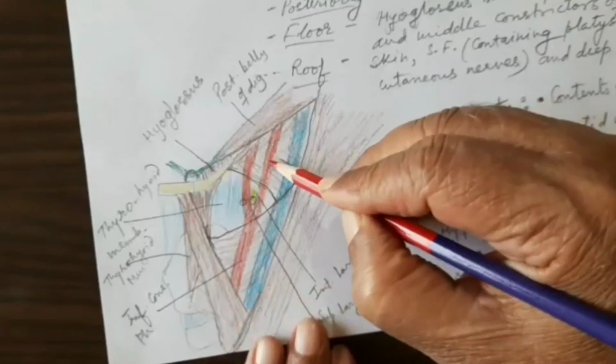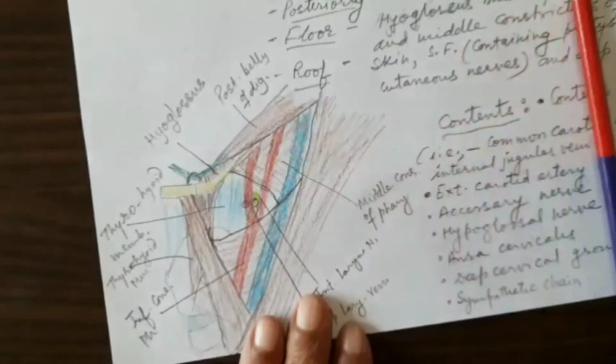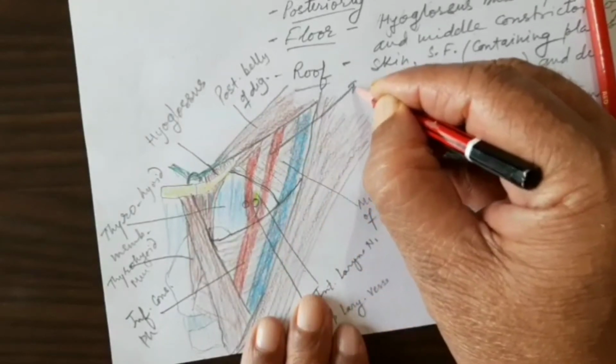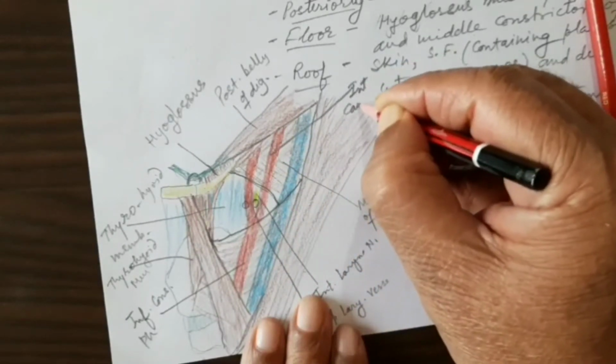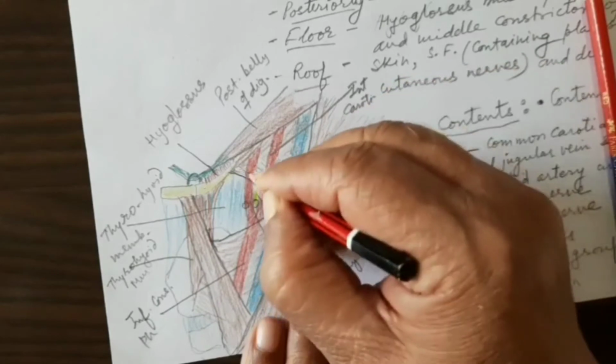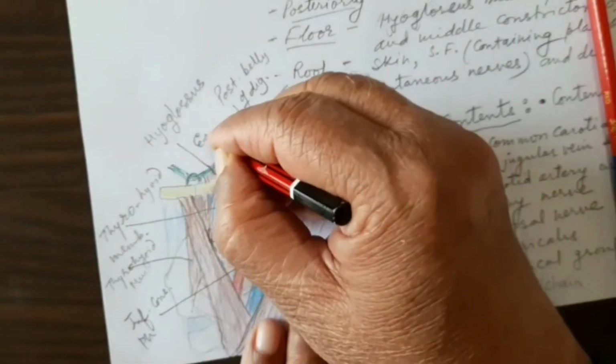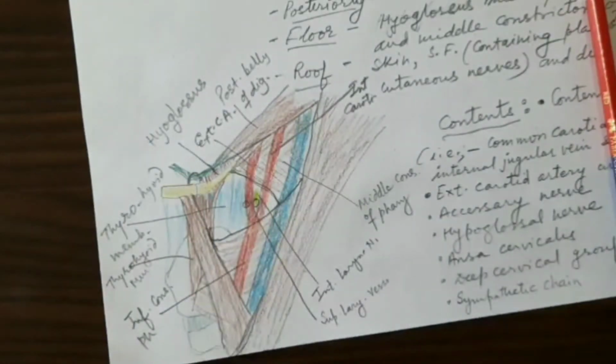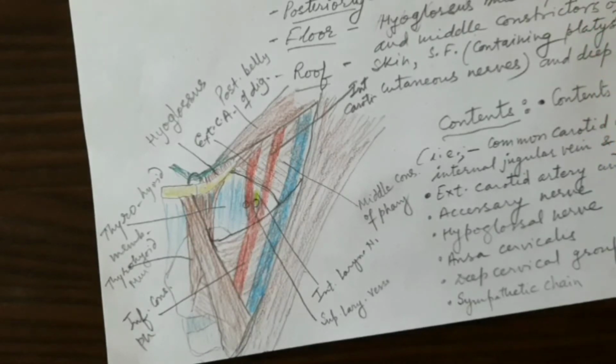So this is internal, let me also note it down. This is the internal carotid artery, and this is the external carotid artery. So internal and external carotid artery are the contents of the upper part of the carotid triangle.